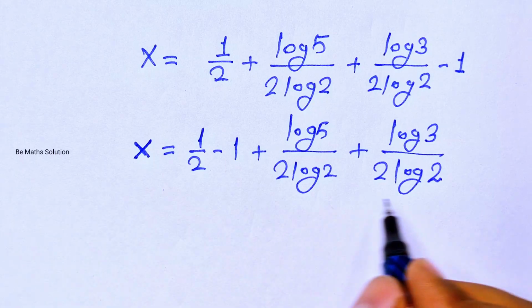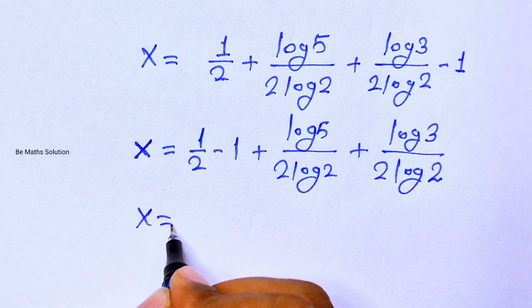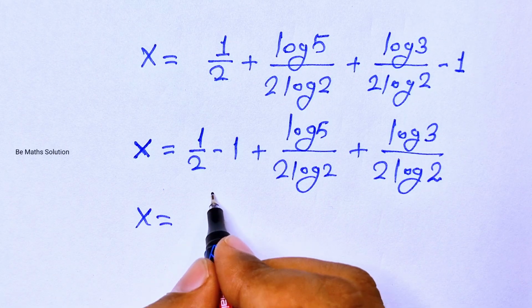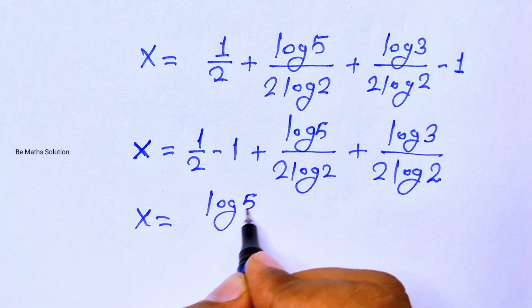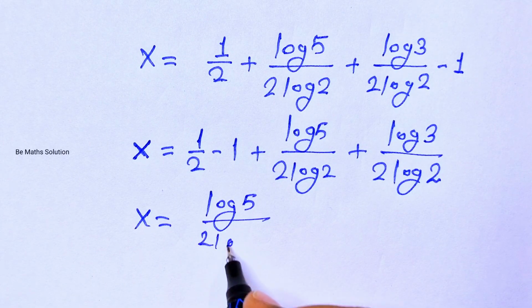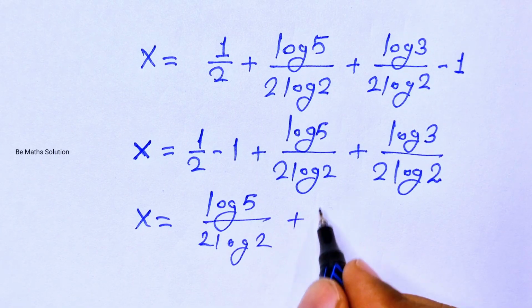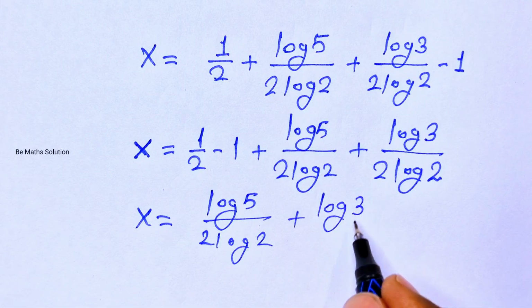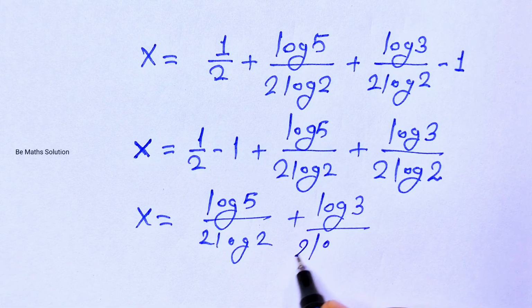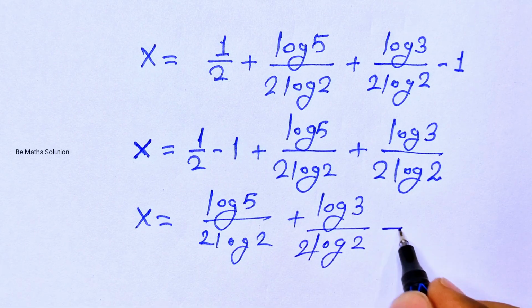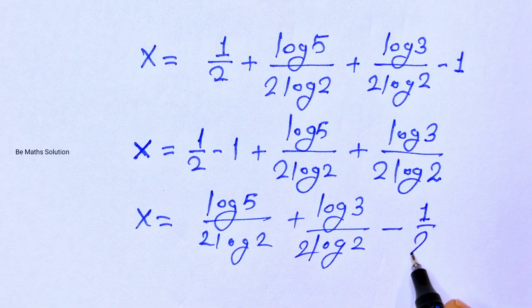So it will be x is equal to log of 5 over 2 log of 2, plus log of 3 over 2 log of 2, minus 1 over 2.